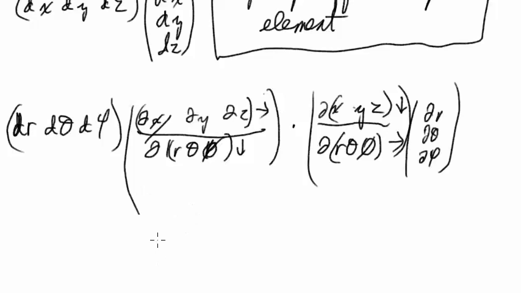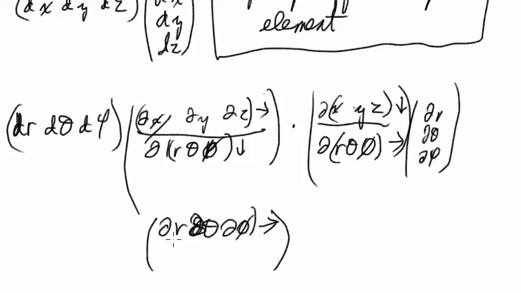Now, on the other hand, what does this give you? We're going to put del r, del theta, del phi going across, del x, del y, del z. Wait, I don't want all those del's in there, but okay.